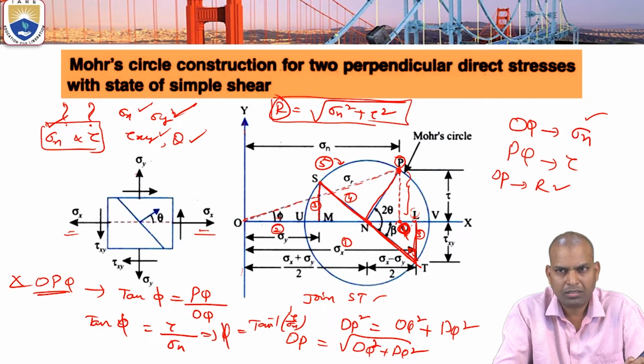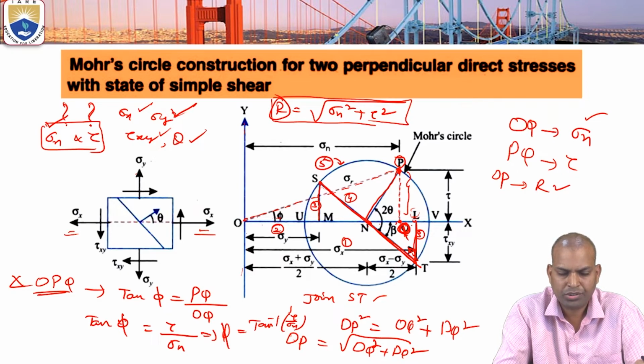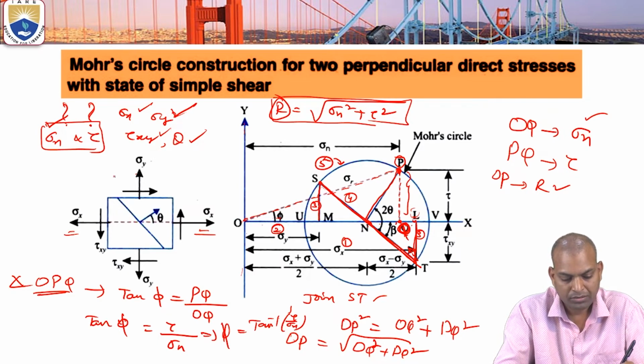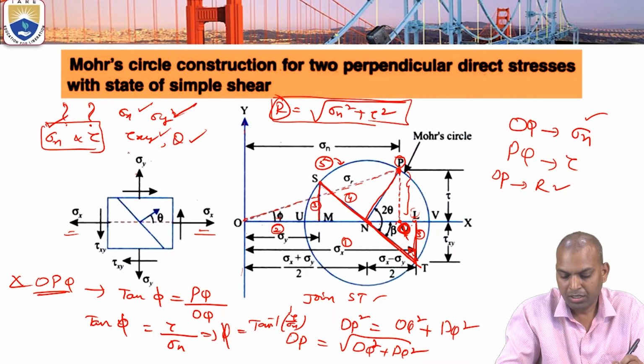This is the graphical method, another name being the Mohr circle method, by which we can calculate sigma n and tau, that means normal stress and shear stress.